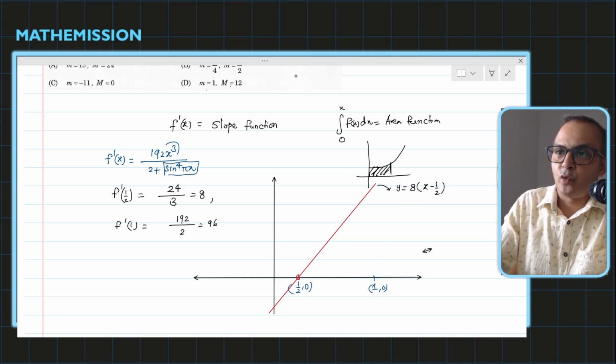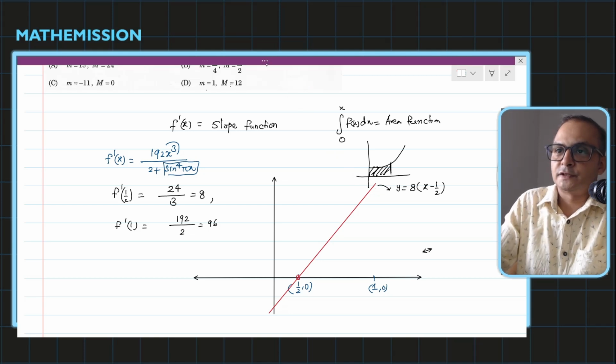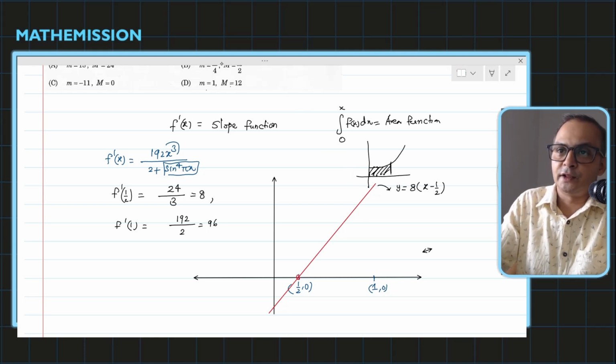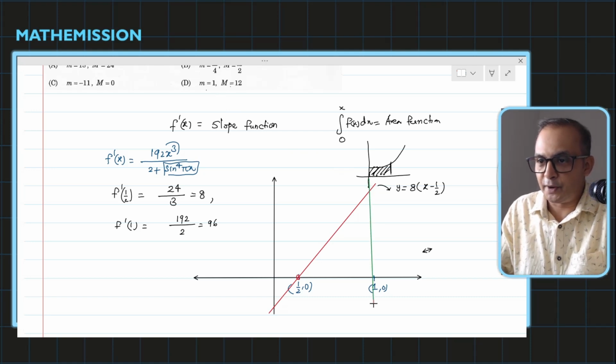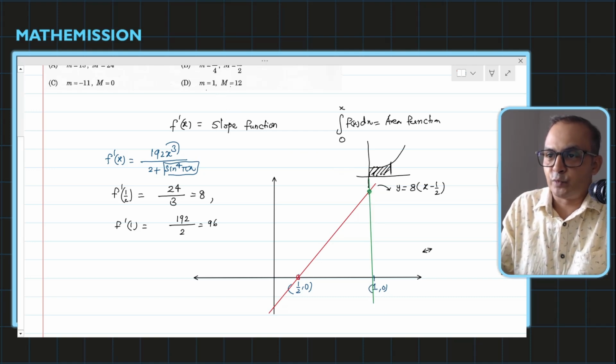And if I want to find the y value of this line at x equals 1, I can simply plug x equals 1, I get this point. So at x equal to 1, that value will be 4. So this is 1, 4.